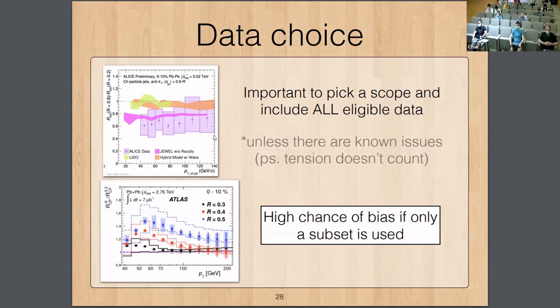For example, if we want to look at the jet cross-section, then we should include everything, including the ALICE result of RAA ratio, and also the RCP from ATLAS, even though there's apparently some tension between them. And if we only use a subset of them, then we will get bias.